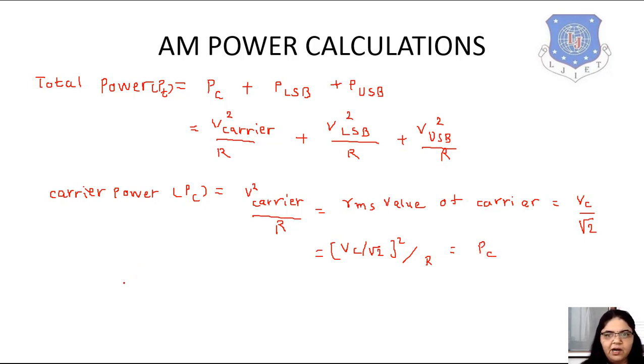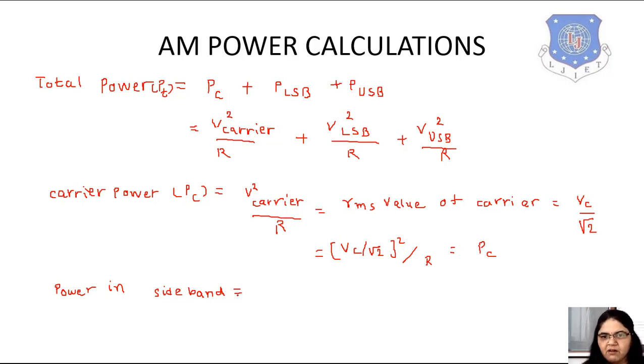Now we need to find out the value of the power for the sideband. What is the power in the sideband? As I said earlier, both the sidebands contain the same information.